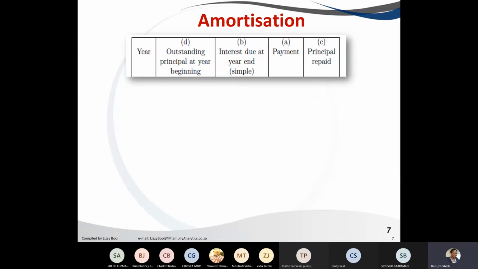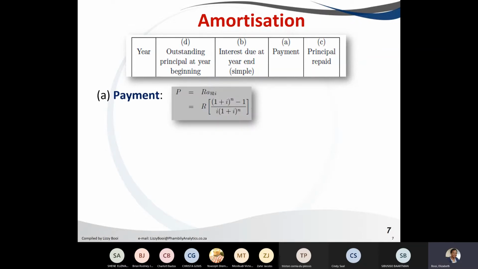Let's look at how we unpack it. So we know payment, we calculate it using the present value of an annuity formula. Interest, we use the simple interest. Period is always going to be 1. Our rate, we divide by the compounding period. Our principal amount is our outstanding principal for every line.